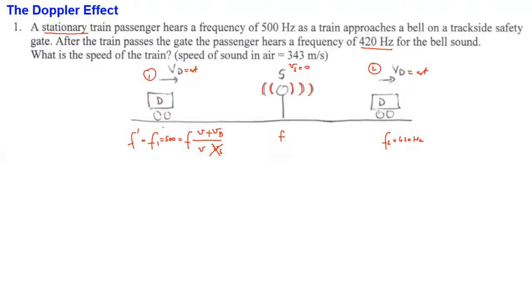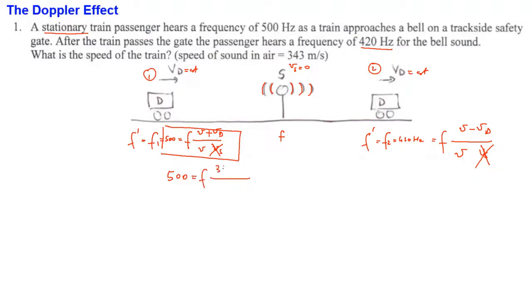So this is my first equation. Now the second equation: F2, which is the F prime, of course, is F times (V minus Vd) over (V minus Vs). Vs is 0, forget about it. Now here I will have a minus, of course.